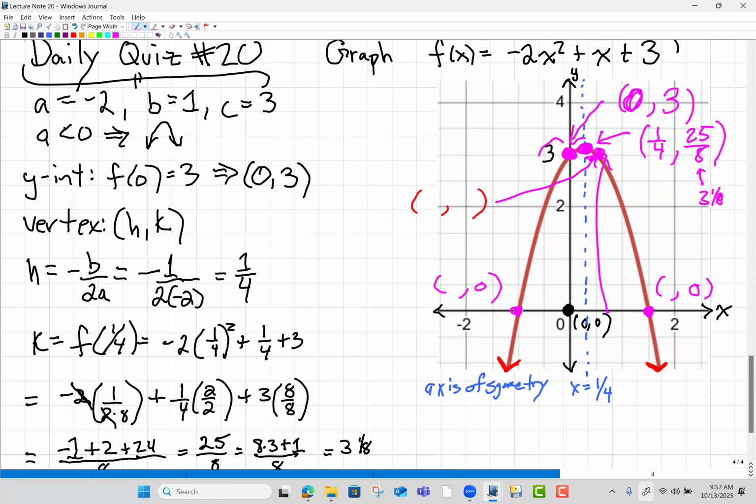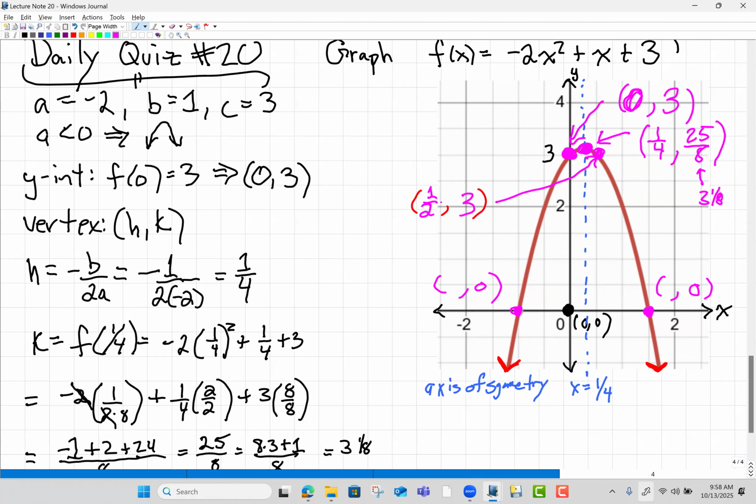From here to here is 3. And we know that this distance is the same as this distance. And we know that from here to here is 1/4. So if we go a fourth and another fourth, 2/4, that's 1/2. That's right. There you go.